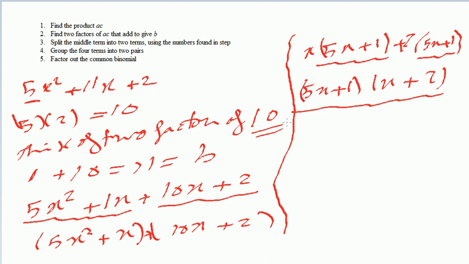Okay, guys? So let's take another example. Bear with me with another example. This example is 4x squared plus 7x minus 15.